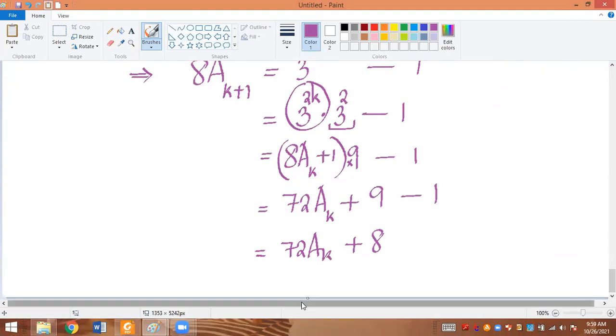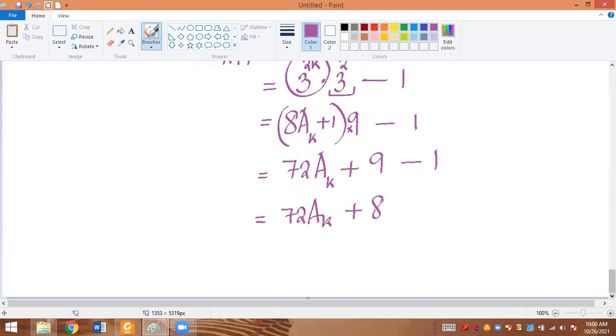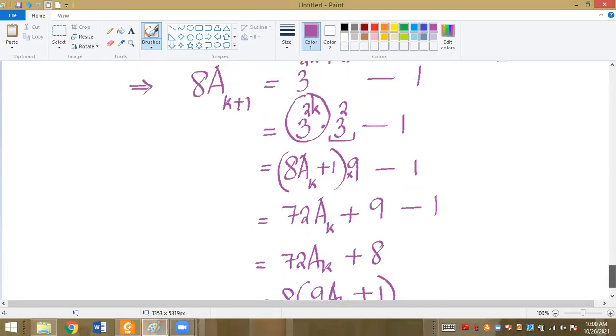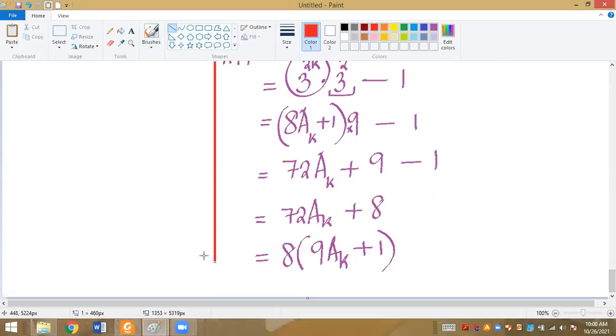So at that level, I'm comfortably able to factorize out 8, and I will get 9a_k plus 1, which is equal to 8 times that statement, which is equal to 8a_(k+1).